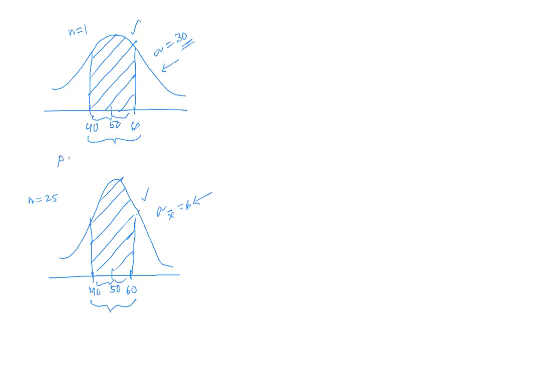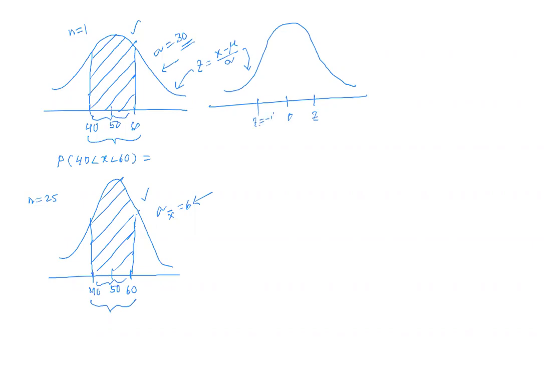So now we are going to do the same thing. We are looking for probability of 40 less than x less than 60. We need to convert it into Z. Now I'm not going to spend time converting to Z again because you have seen it many, many times. For a 0, 1 distribution, you use Z equals X minus mu over sigma, that formula. Now you're going to get a corresponding Z value here and Z value here. By the way, this is going to be negative 0.33 and this is going to be positive 0.33, just to give you a heads up.